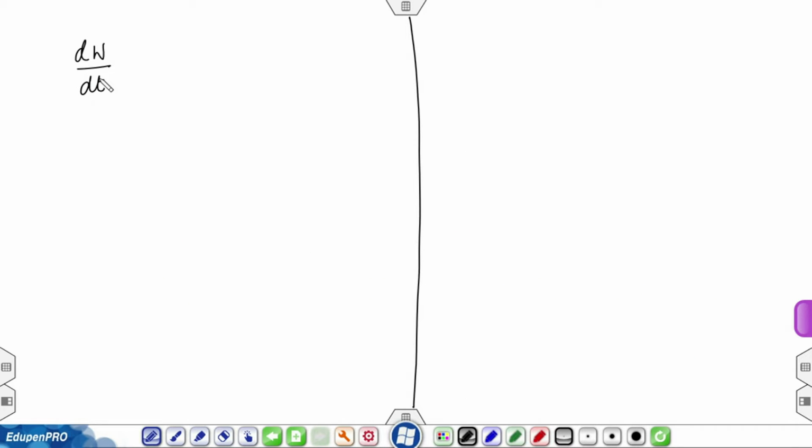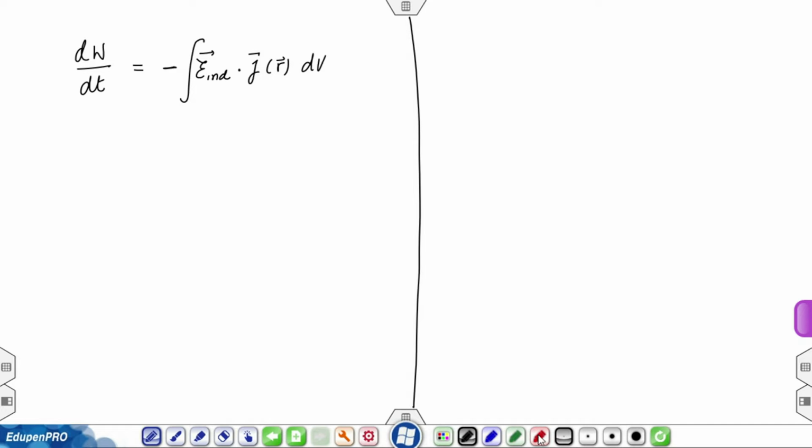dW dt, rate of change of this energy in magnetic field, will be equal to E induced dot J r, where J r is the current density, over V, and I am going to put a minus sign.